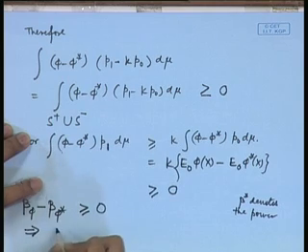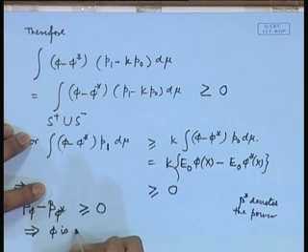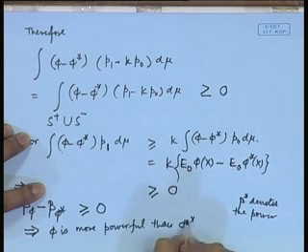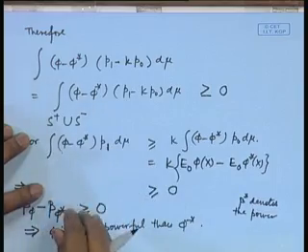This means that phi is more powerful than phi star. Now in this one what we did, we started with a test function phi which satisfies the conditions 1 and 2. So that means it has size alpha, and phi star we took to be any other test function which is having size less than or equal to alpha. That means the equal to alpha case is also covered, and then we are able to prove that the power of phi is more than or equal to the power of phi star.